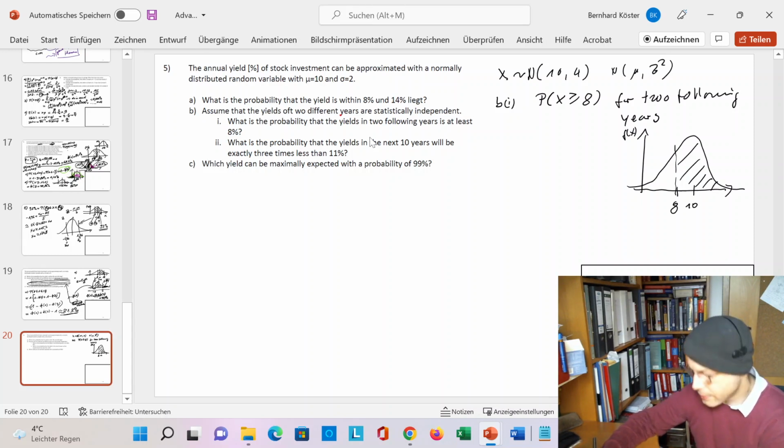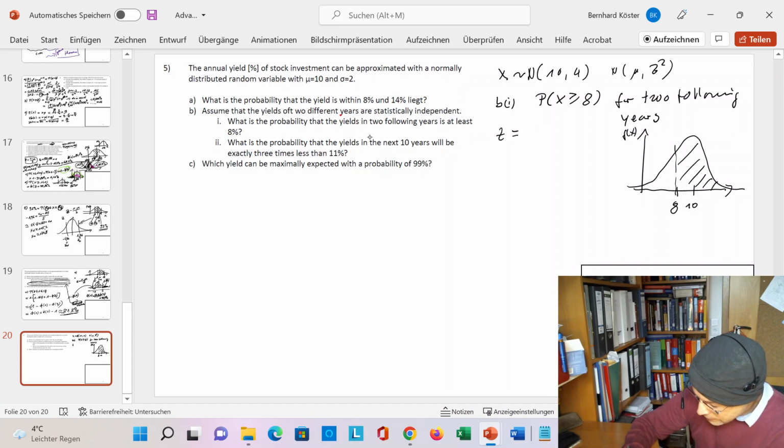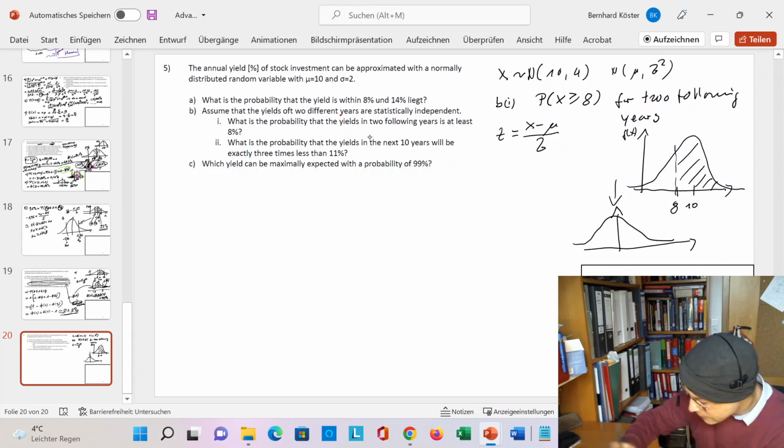And how do we get this? We have talked the last time about this. Standardization means x minus mu over sigma. So we want to translate this into the standard normal distribution.